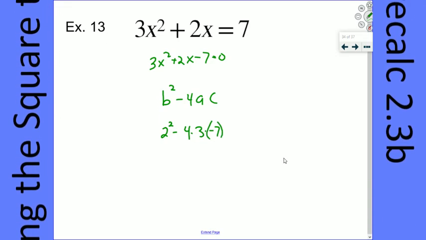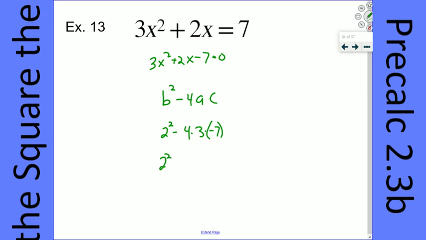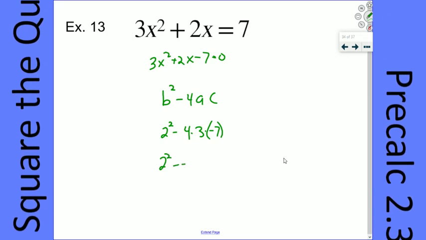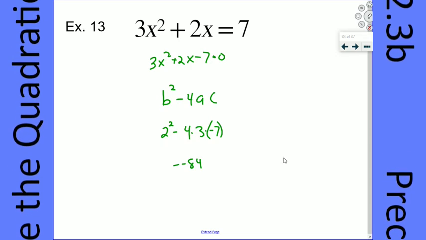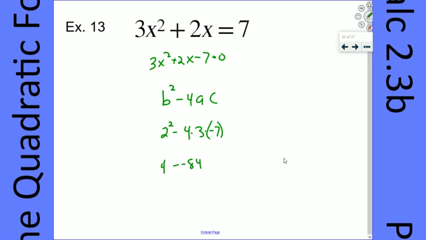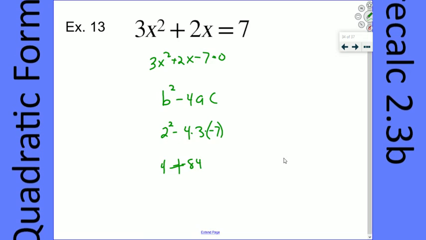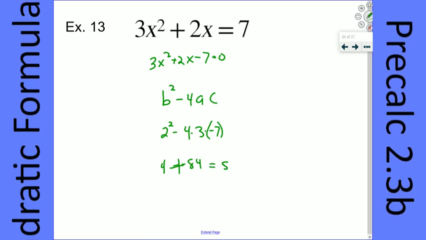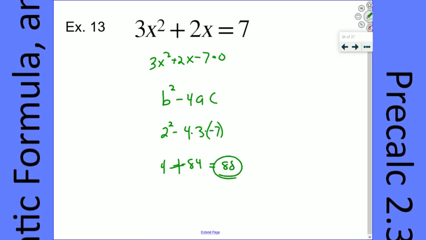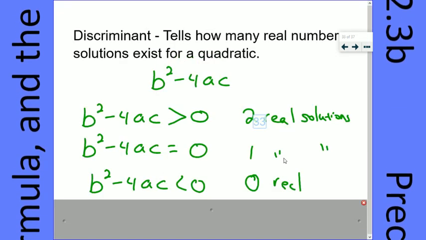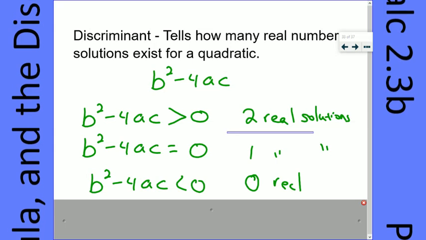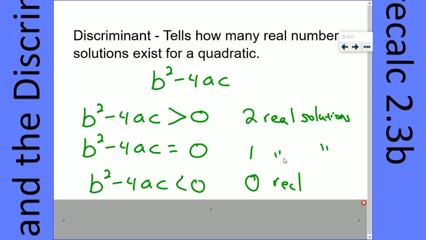Okay? So 2 squared minus negative 84. 2 squared is 4. So 4 plus 84 is going to be 88. Since 88 is a positive number, we can say that we're going to have 2 real solutions because we calculated out that discriminant.